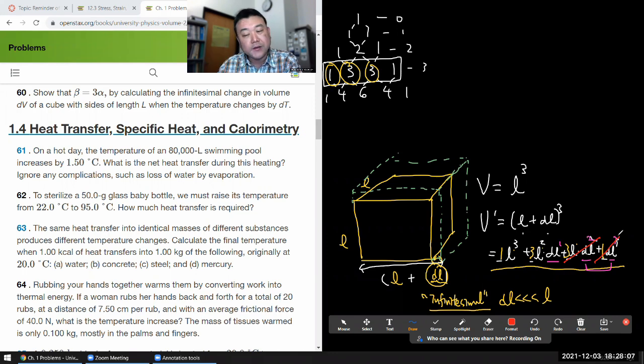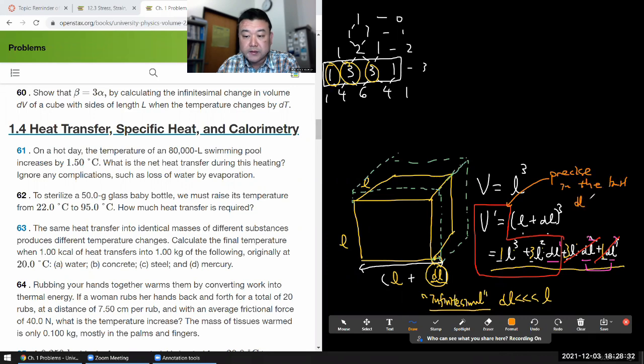The magic of calculus is that this relationship is made precise in the limit where dl is much, much, much less than L. So in that limit where dl over L goes to 0, that's the limiting procedure, this relationship becomes exact.